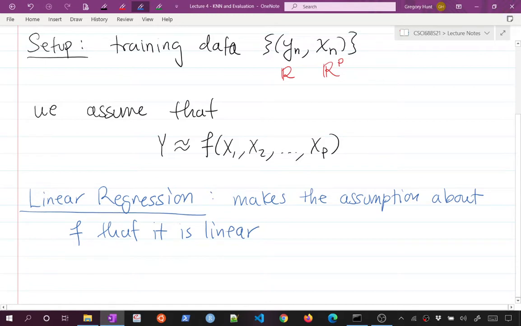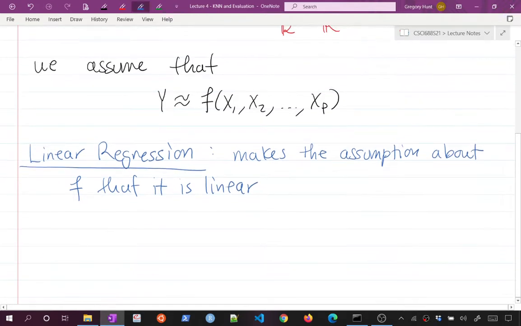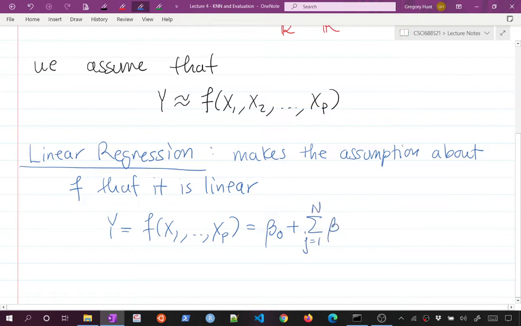So here, what linear regression basically says is that if y is f of my x's, this f takes a particular form. And the form f takes is some intercept term, and then it's the sum of some coefficients, some beta j's, times my x's. So it makes this linearity assumption.